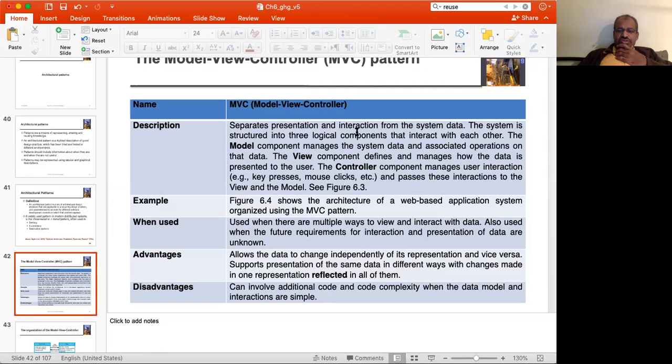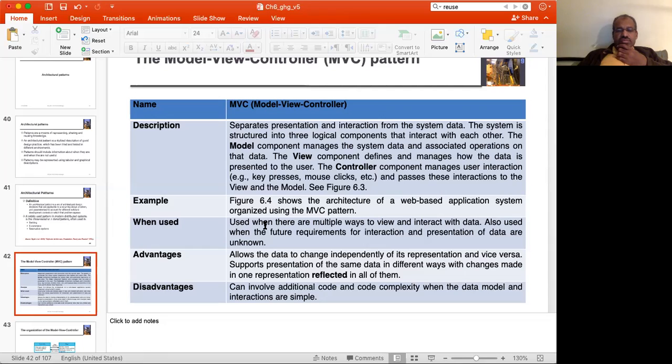So the system is structured into three logical components that interact with each other. The model component manages system data and the operations to maintain it. The view component defines and manages how the data is presented to the user, and the controller manages the user interaction and passes the user interaction to the view and the model.